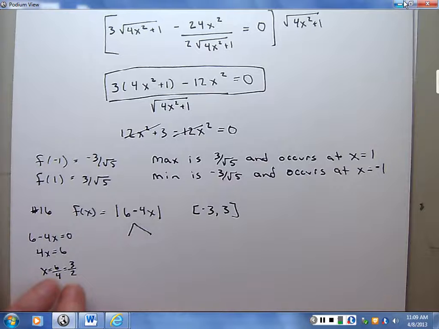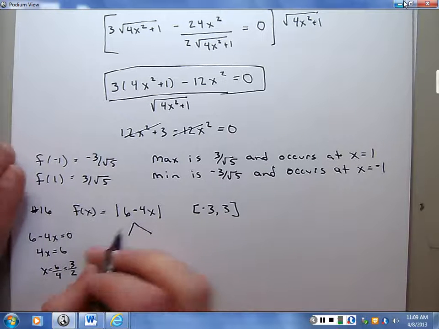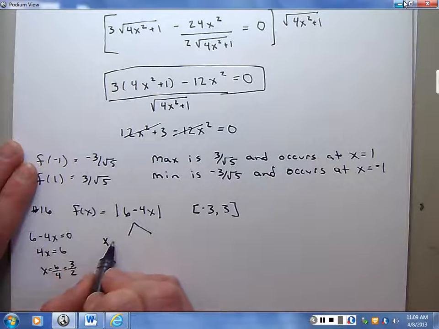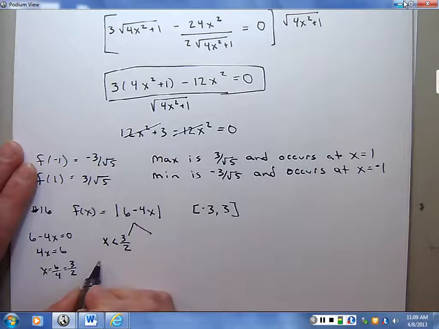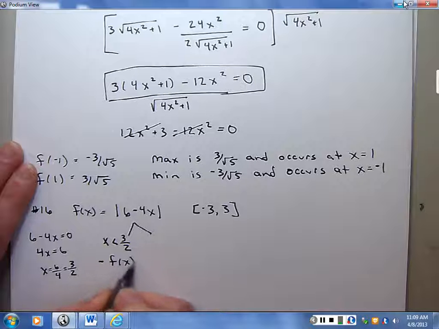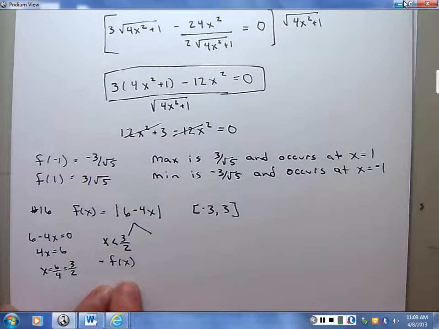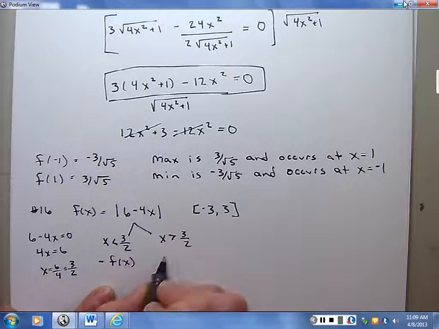So 3 over 2 is definitely in this interval. So when x is less than 3 over 2, this would be minus the function, right? To get rid of the absolute value, I would take minus the function. And when x is greater than 3 over 2, I would take just the function.